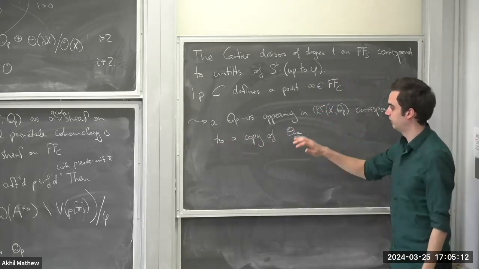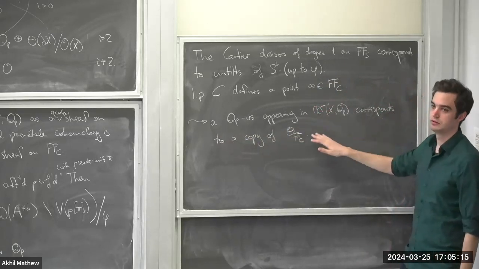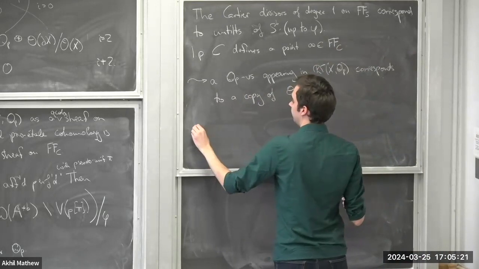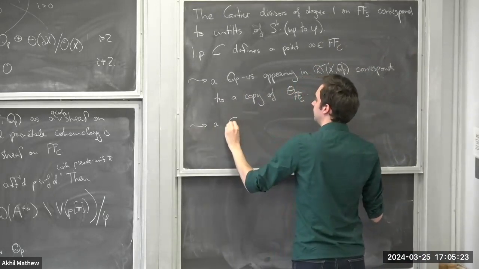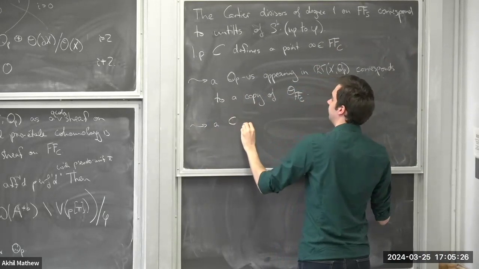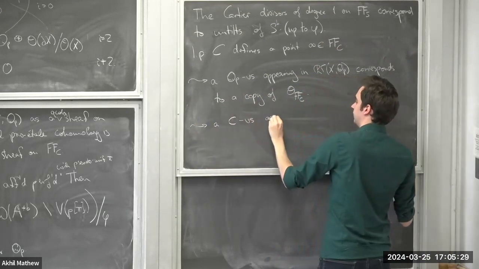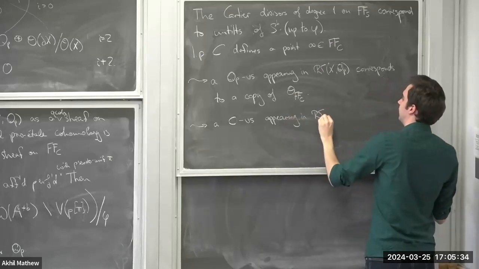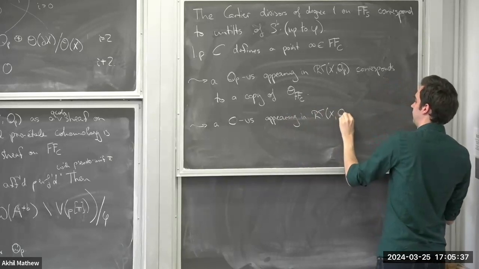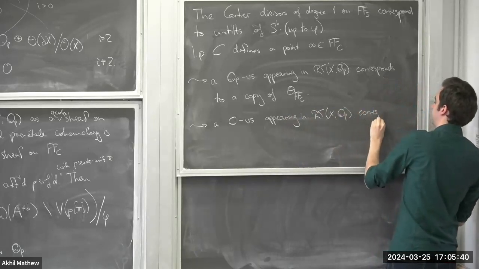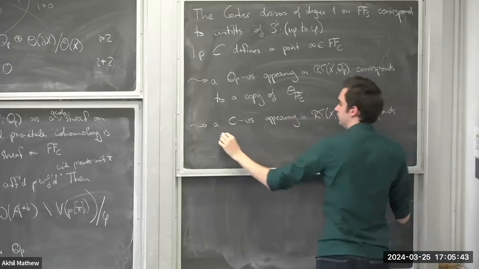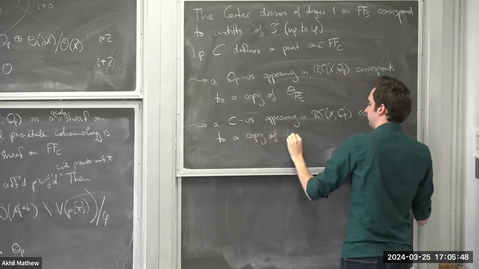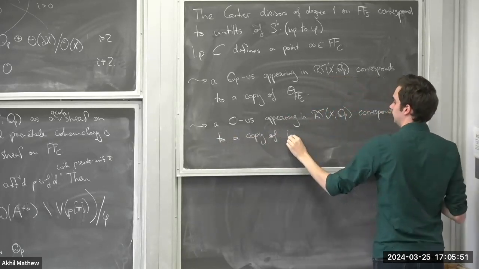And that matches with the observation that the cohomology of the structure sheaf on the Poincaré curve is just Q. And a C vector space appearing in this one gamma corresponds to a copy of, well, you take the inclusion of the point.